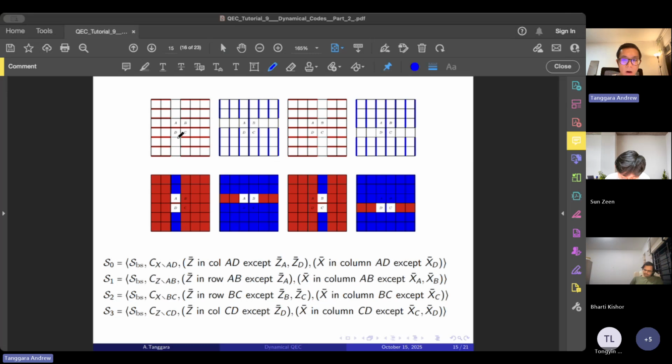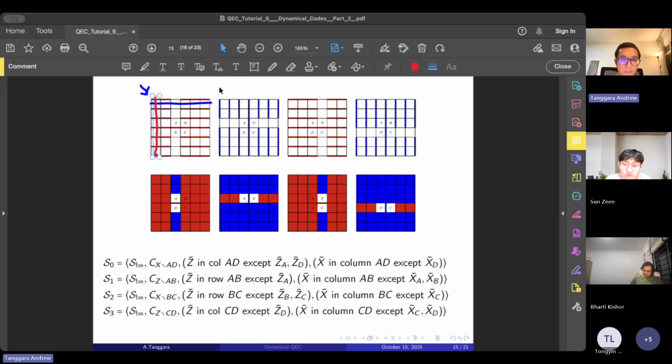Right. So okay, let's just look at this very first measurement round. We still have all the stabilizers from the original Bacon-Shor code, and those will be the Z's on the rows and the X's on the columns.